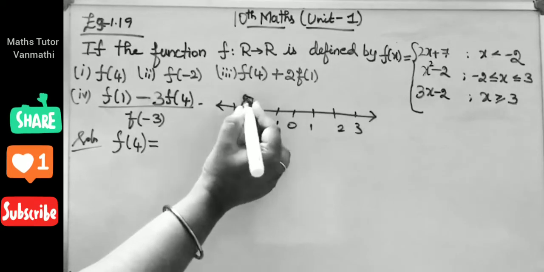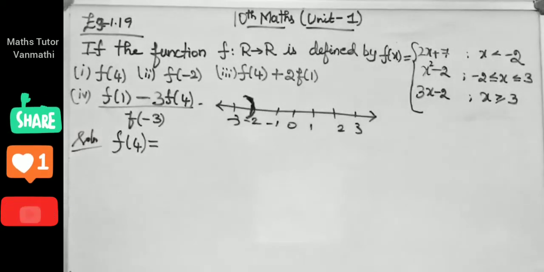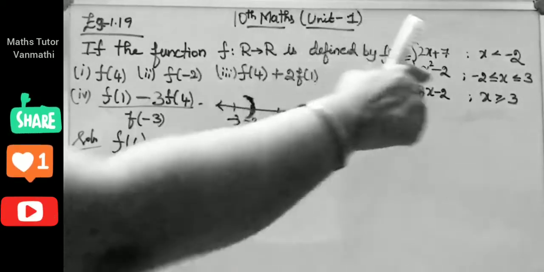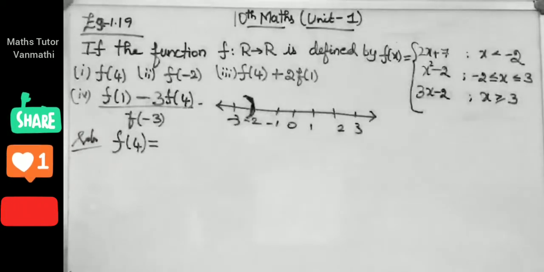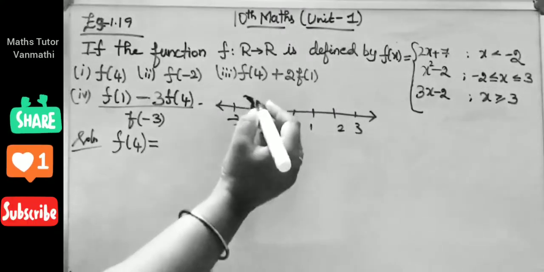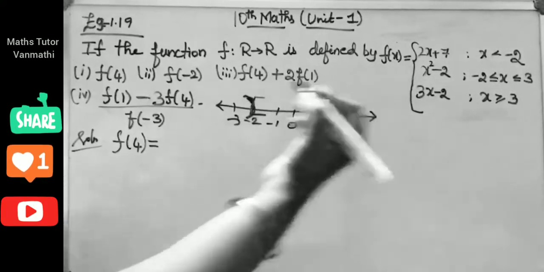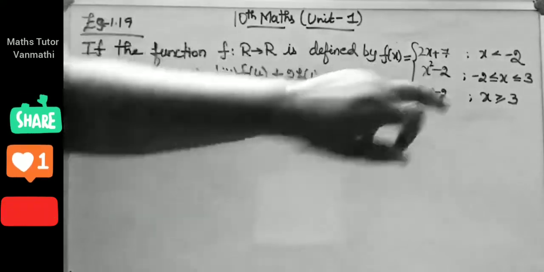Less than means you get an open bracket, because they have given only less than. Next is minus 2 to 3, that is minus 2 less than or equal to x less than or equal to 3. That is your closed bracket. From minus 2 to 3 you will take the values for this function.